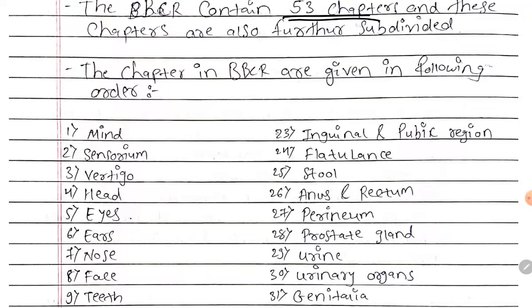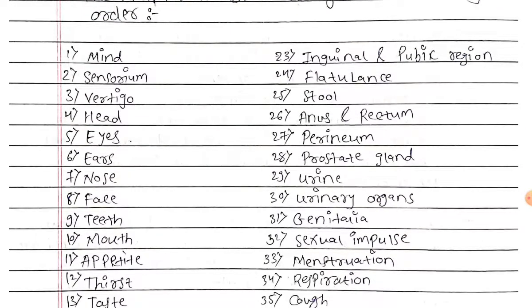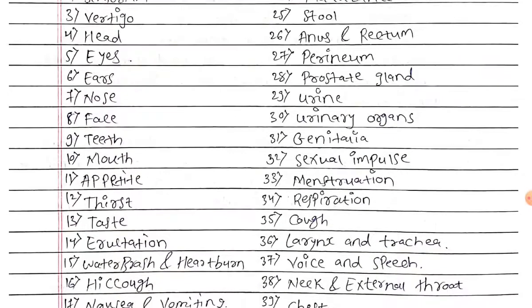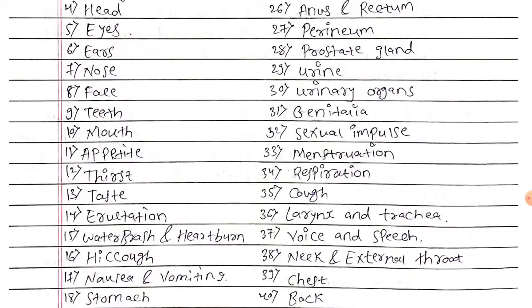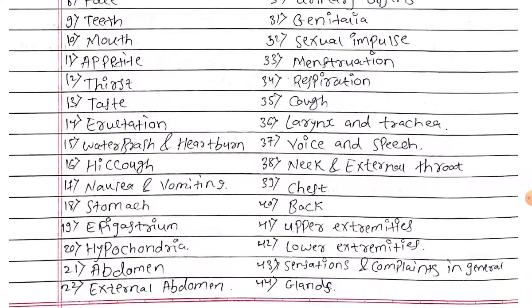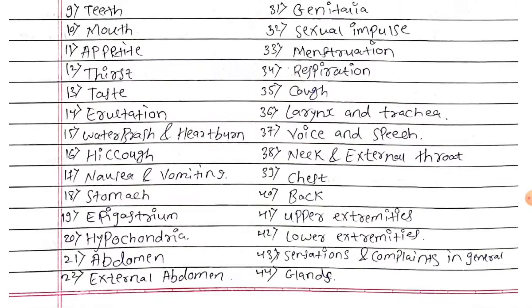The chapters in BBCR are given in the following order: mind, sensorium, vertigo, head, eyes, ears, nose, face, teeth, mouth, appetite, thirst, taste, eructations, water brush and heartburn, hiccough, nausea and vomiting, stomach, epigastrium, hypochondria, abdomen, external abdomen.